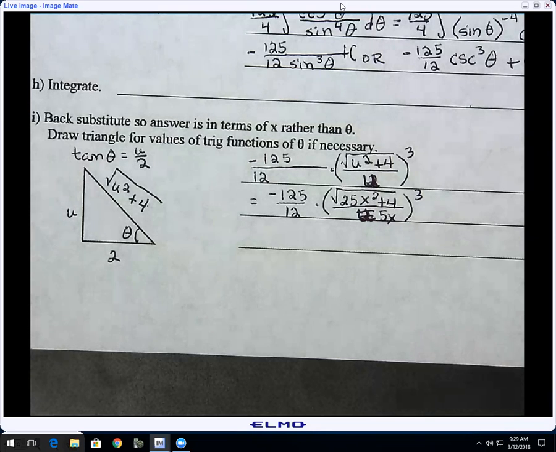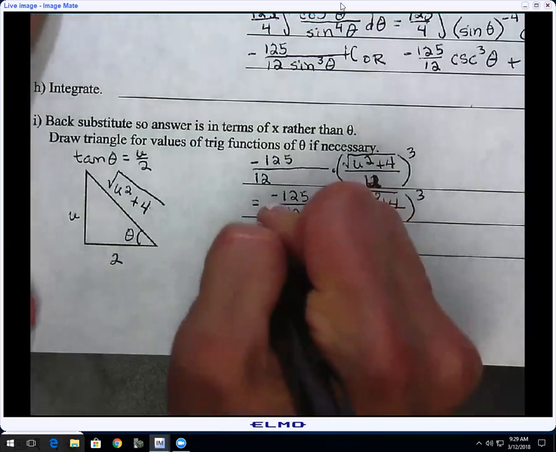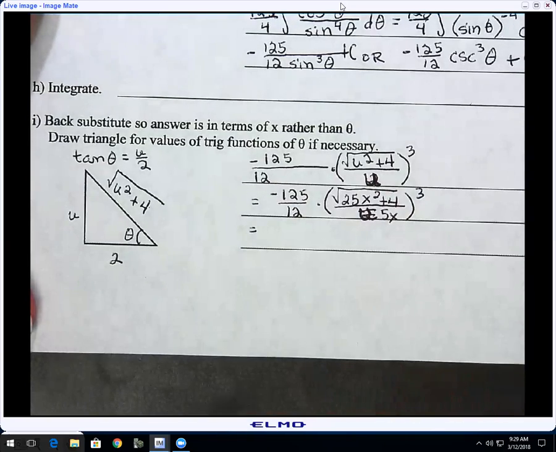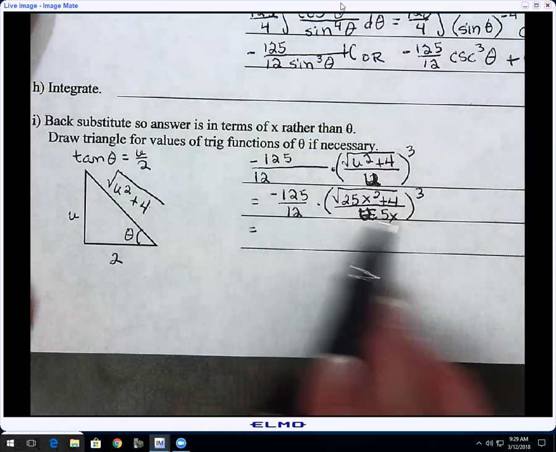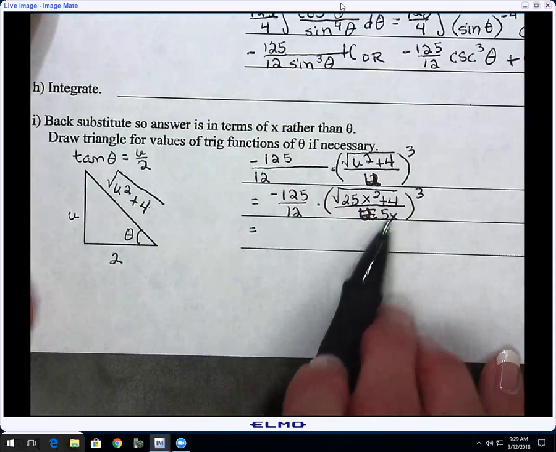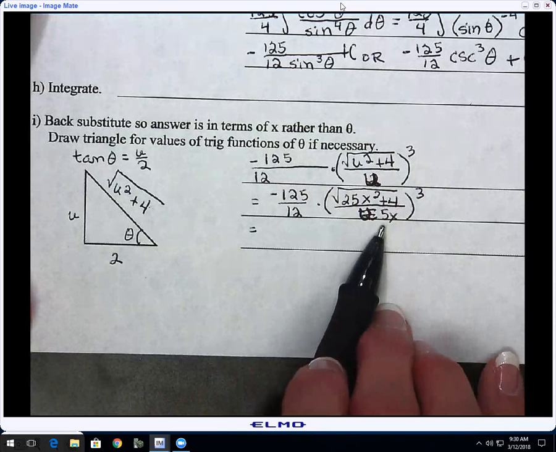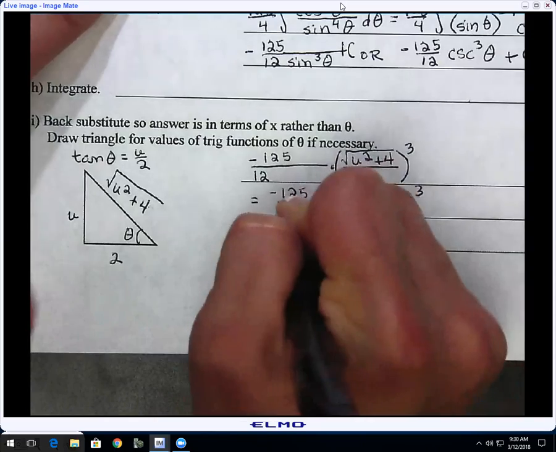So how do you think that final answer will be written? I have a negative 125 divided by a 5 cubed. 5 cubed is 125. I think that just leaves negative 1 in the numerator.